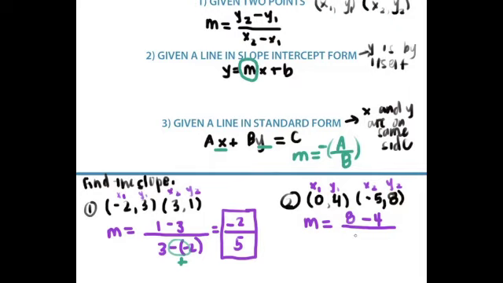That's my y1. Now I go to the x's. x2 is negative 5, and then we go minus 0. We simplify. 8 minus 4 is 4. And then on the bottom I have negative 5 minus 0, which is just going to stay negative 5. So my slope for this is negative 4 over 5, or m equals negative 4 over 5.